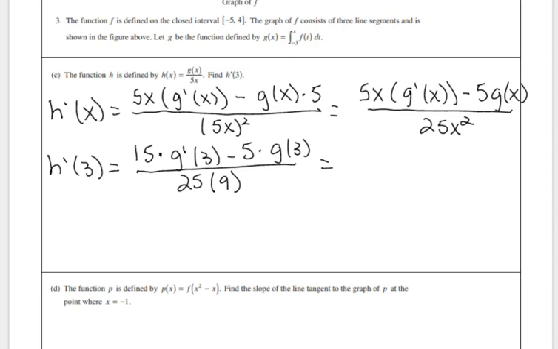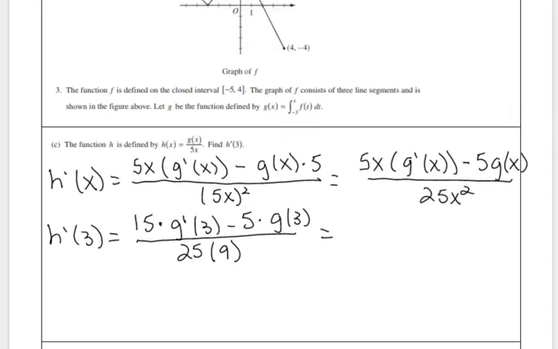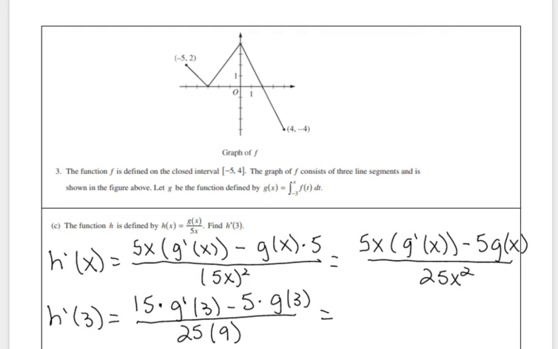So let's see, g prime of 3, we're going to have to think about what that means. Well, we set up at the top that when we found g prime of x, that was really equal to f of x. So if I want g prime of 3, that means I need the function value at 3, which we had actually already found before. We found it to be -2.